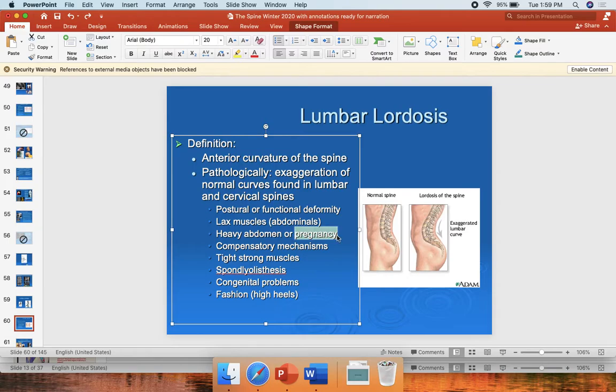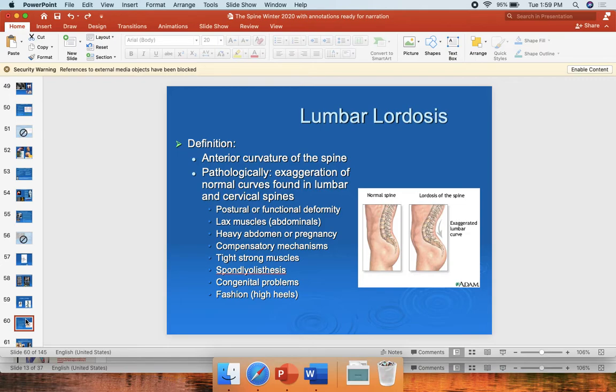This is the one I was alluding to. I assume most of us have probably seen this excessive lordosis due to this type of thing. We may also have some bony problems, and then obviously sometimes people display an excessive lordosis through fashion, like those high heels. I think we'll talk a little bit more about that through this back unit.